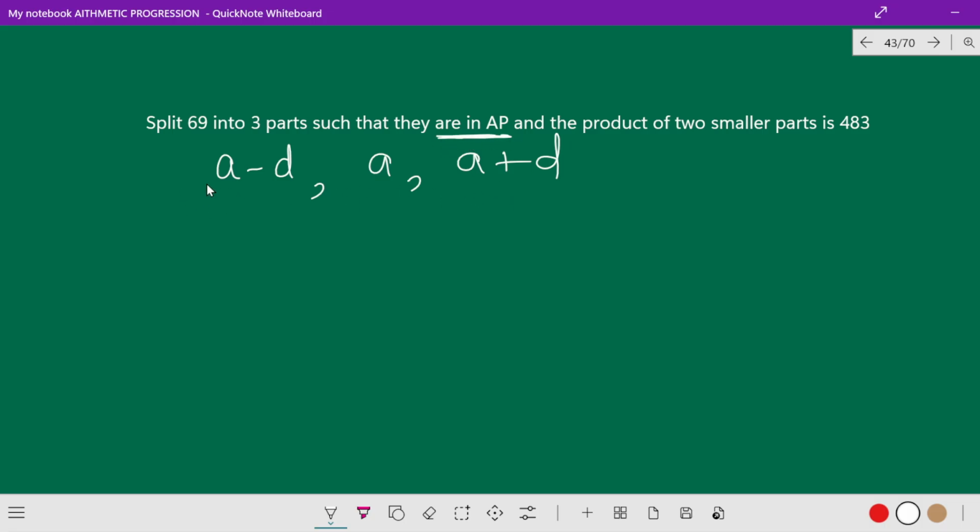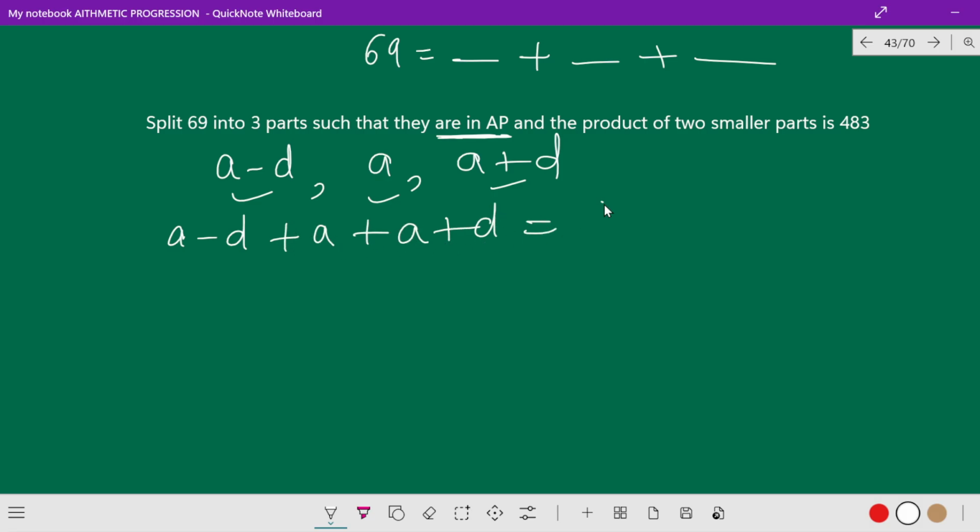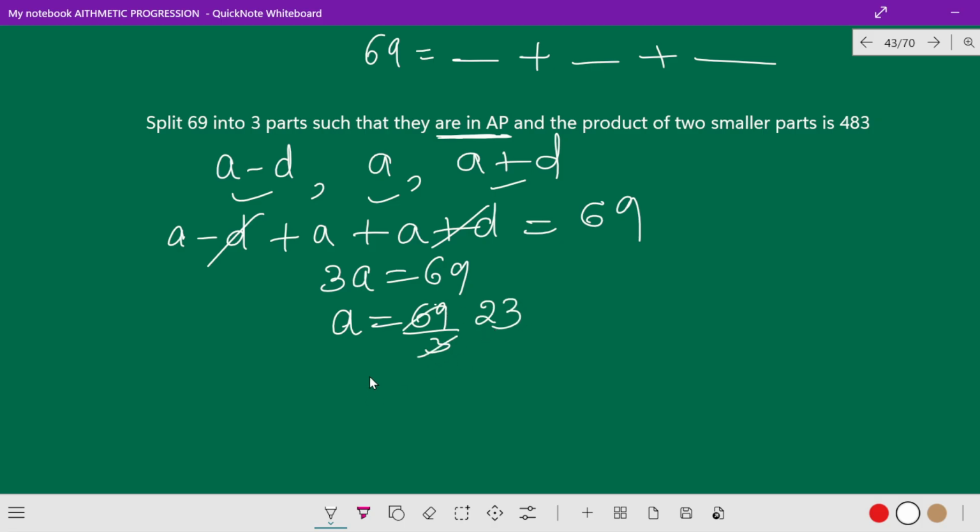He's telling 69 is divided into three parts: this plus this plus this. So you'll take A minus D plus A plus A plus D is equal to 69. So D and D will get cancelled. 3A is equal to 69. A is equal to 69 by 3. 3 ones are 3, 3 twos are 6, 3 threes are 9. So A is equal to 23.